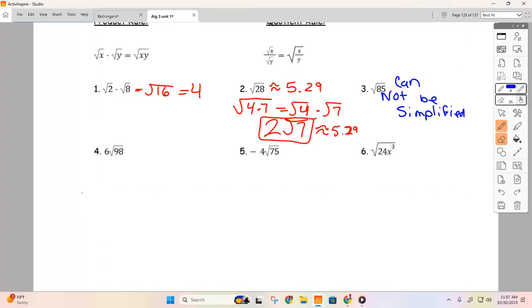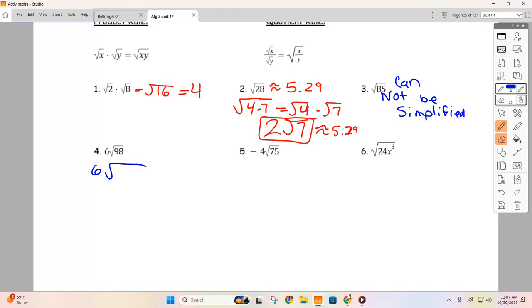Okay. That 6 is on the outside. It's going to stay there. I'm going to look at the number 98. I want to see if any of these go into 98. So in my calculator, I'm going to try 98 divided by 4. That does not work.